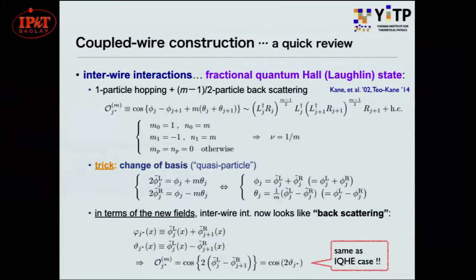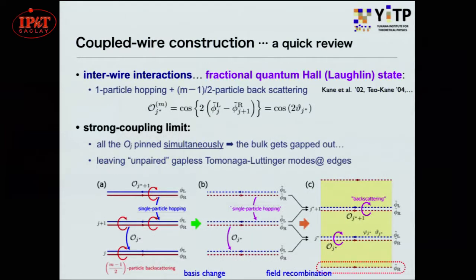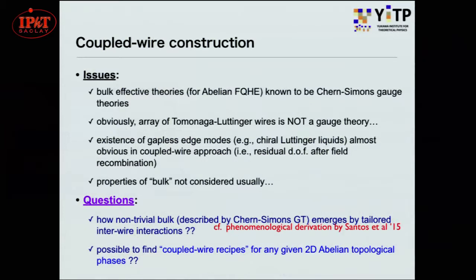So we can take the same steps as before for the integer quantum Hall effect to gap out everything in the bulk in this way. But we again leave the non-trivial edge state, which is not paired in the bulk. So this is how you stabilize the non-trivial chiral edge state in the Laughlin state, starting from the coupled wire construction. Okay, so this is the idea.